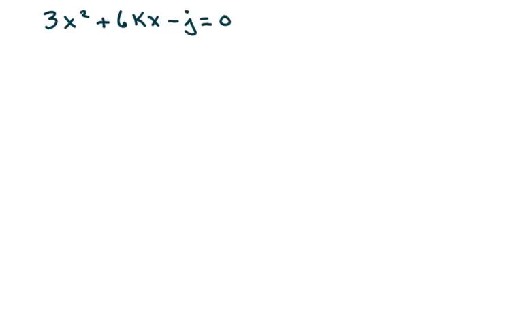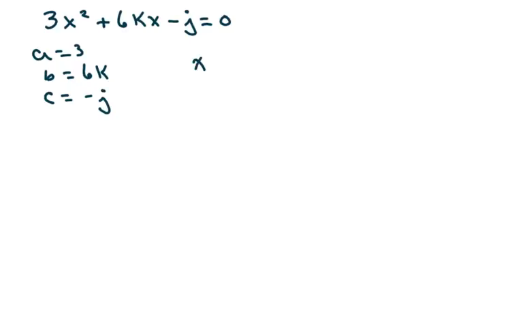It makes it a little easier. So I just multiplied everything through by 3 and then moved the j over. So a is 3, b is 6k, because k is a constant, and c equals negative j. Alright, so I'm going to do our quadratic formula.